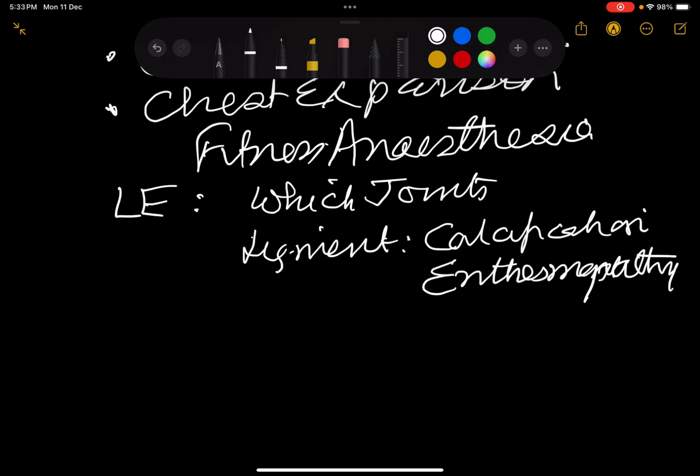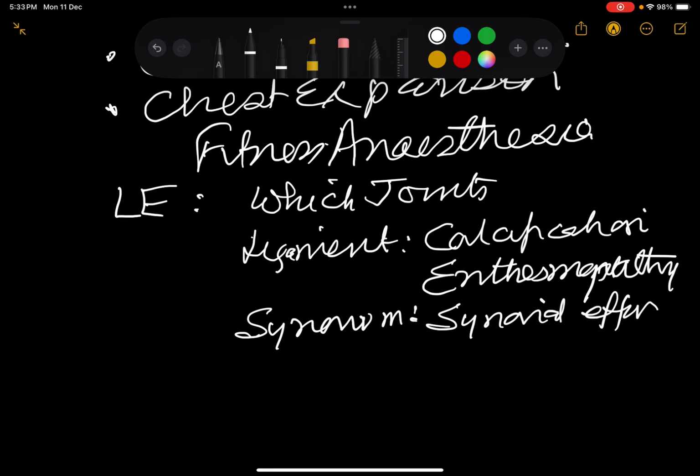So the ligaments can be involved, the synovium can be involved, leading to synovial effusion. In many joints, the involvement is, for example, in rheumatoid arthritis.